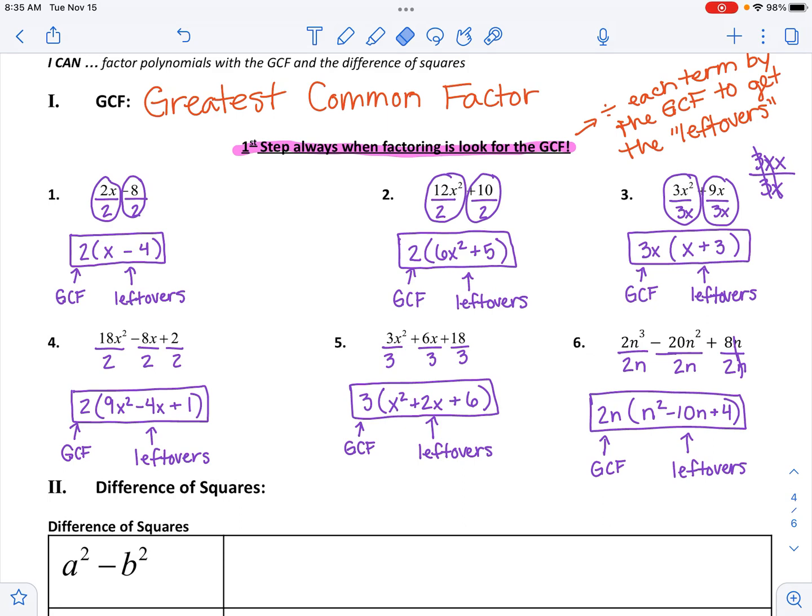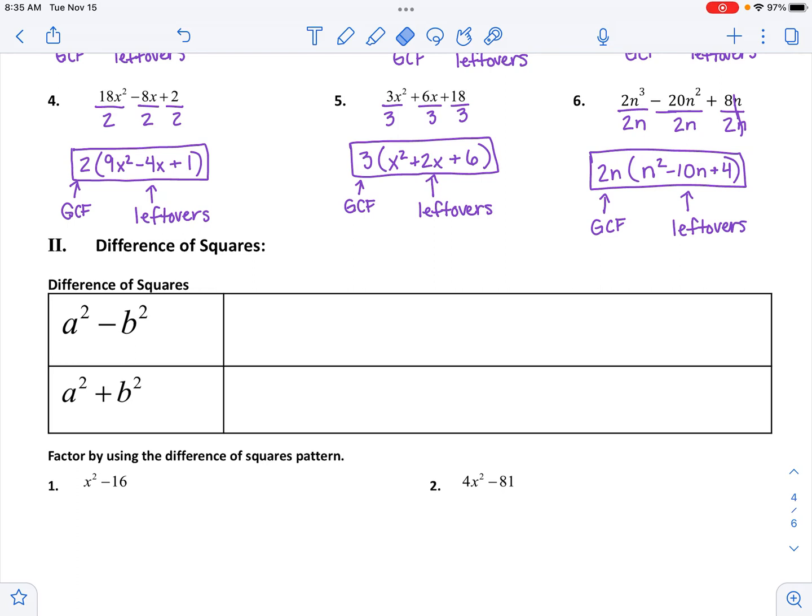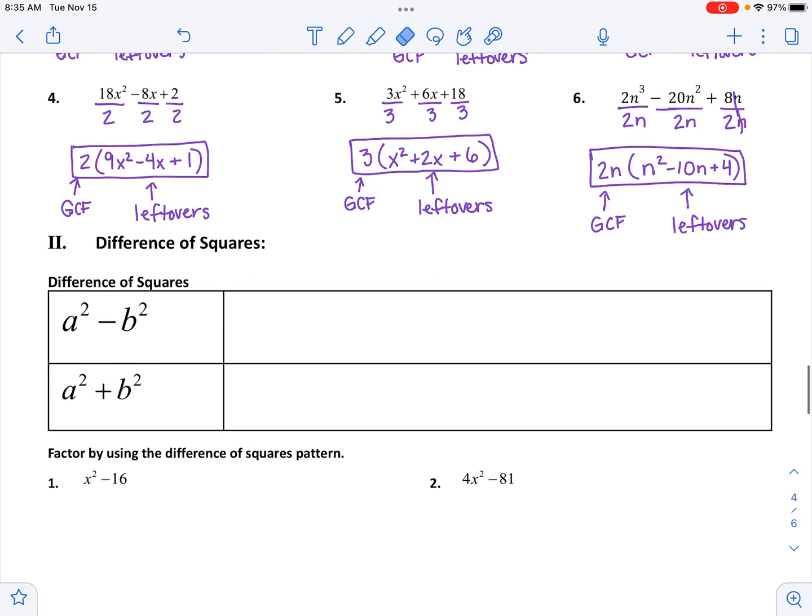Okay? All right. Another factoring method is difference of squares. So when I say squares, I'm talking about our perfect squares. So we could have our list of perfect squares of 1, which is 1 times 1 is 1, 2 times 2 is 4, 3 times 3 is 9, 4 times 4 is 16, 5 times 5 is 25, 6 times 6, 36, 7 times 7, 49, 8 times 8, 64, 9 times 9, 81, 10 times 10, 100, and we could go on.